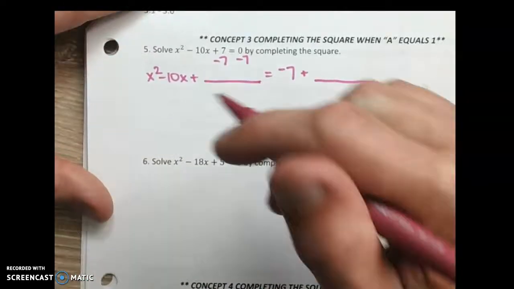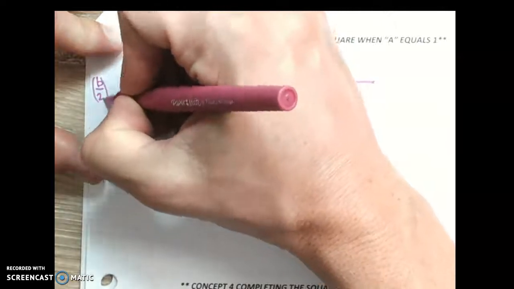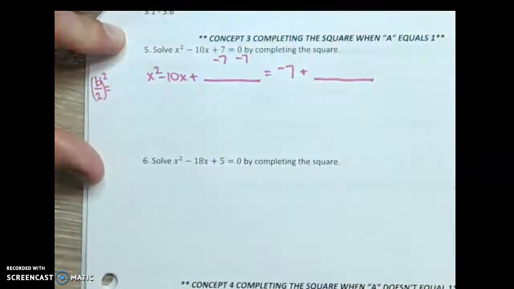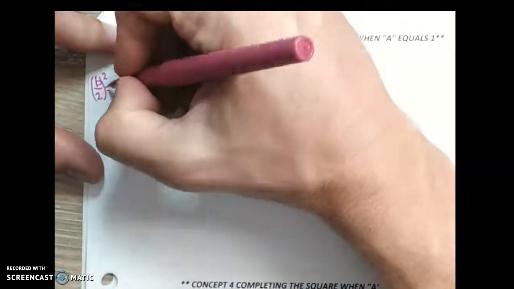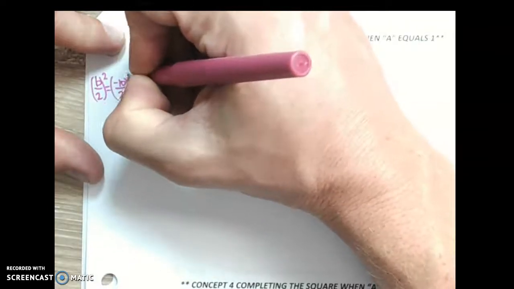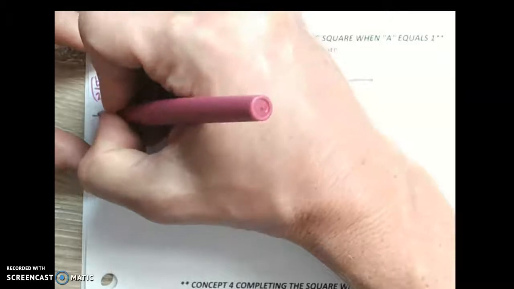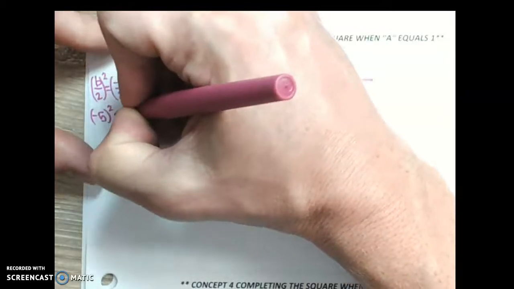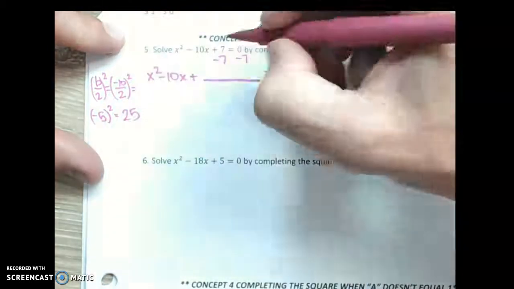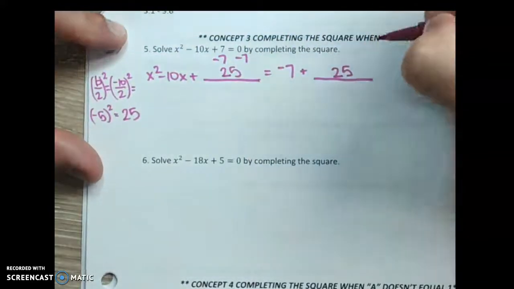Right? So, let's take that b divided by 2 and square it. b is negative 10, divided by 2, which is negative 5, squared, is 25. So I'm going to add 25 to both sides of the equation.